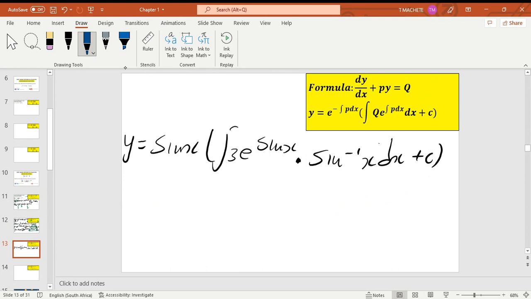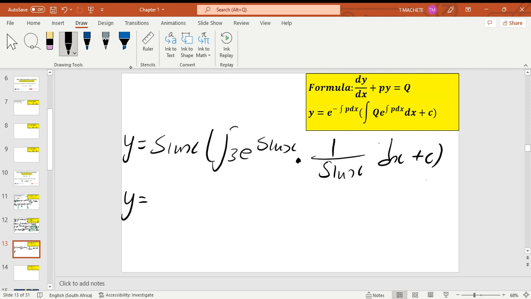So this is the same as 1 over sine x. So we can put 1 over sine x there to make this simpler.